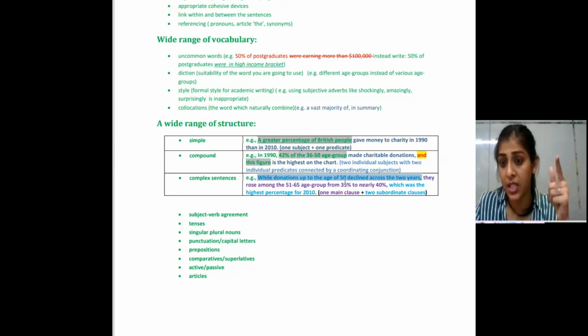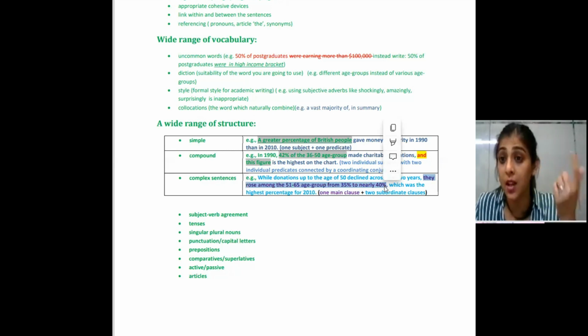Okay, first subordinate clause. They rose among the 51 to 65 age group from 35 to nearly 40%. Now this is the main clause because it can stand on its own. It has its own subject, then its own predicate, that's verb plus object.